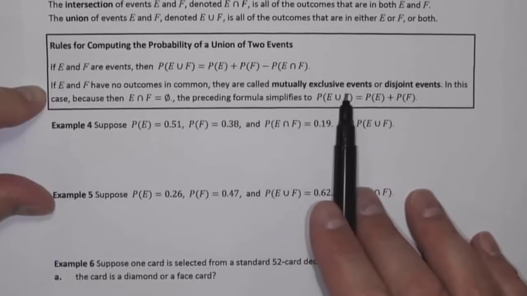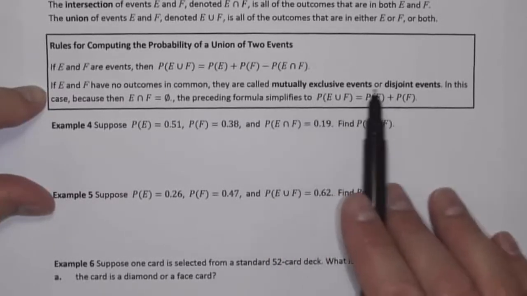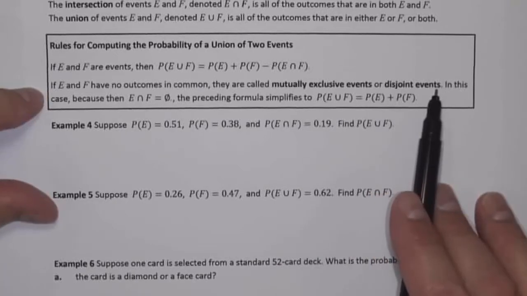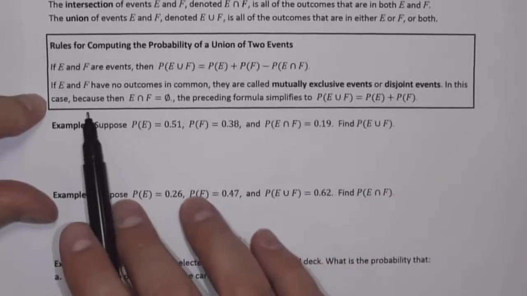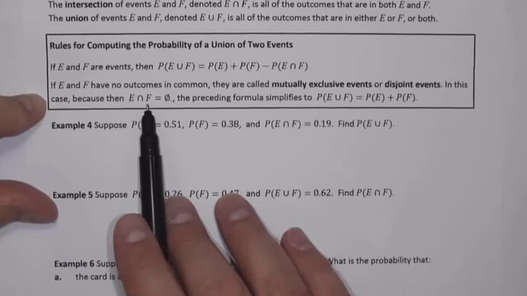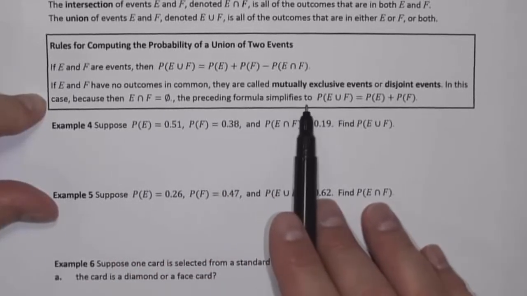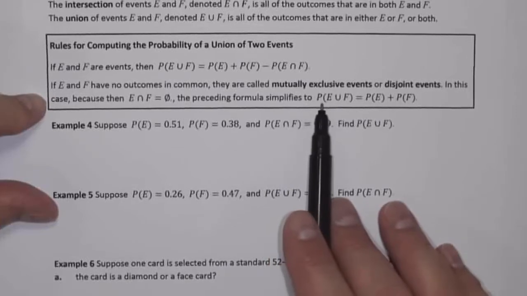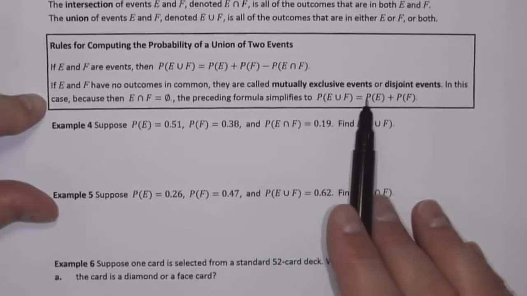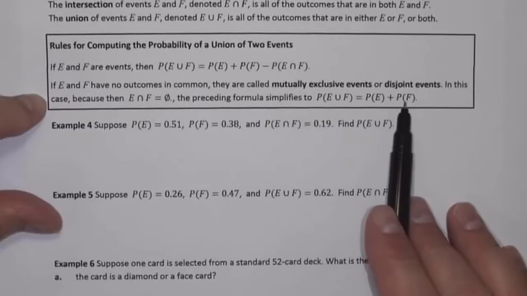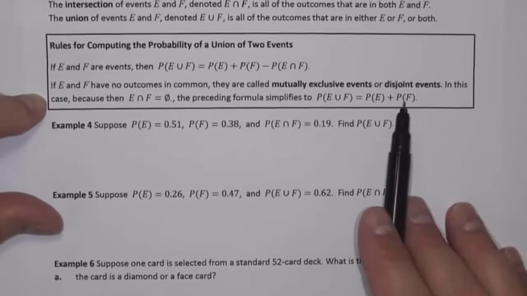So mutually exclusive events, disjoint events, those two terms mean the same thing. In this case, because E intersect F equals the empty set, the preceding formula simplifies to the probability of E union F equals the probability of E plus the probability of F.